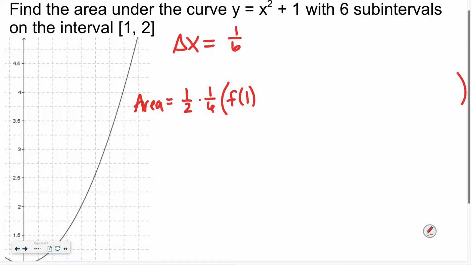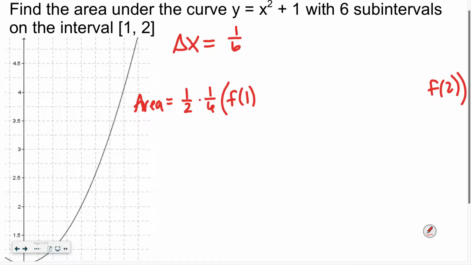And our last base would occur where? At 2, because that's our end point. So we have one base at x is 1. We have one base at x is 2. Those are our end points. And then we have to count double of any base in between because it gets shared.